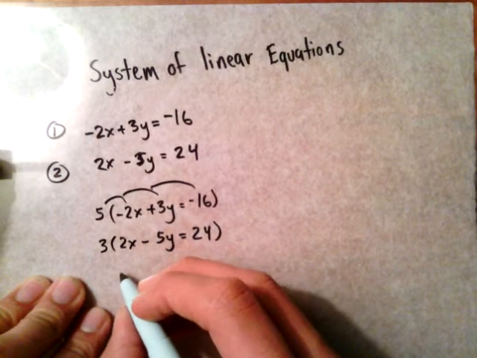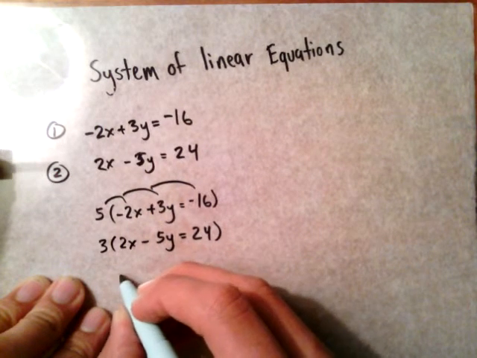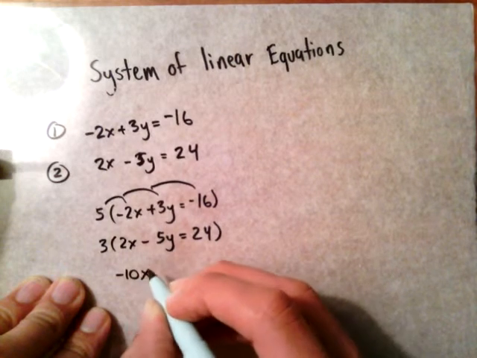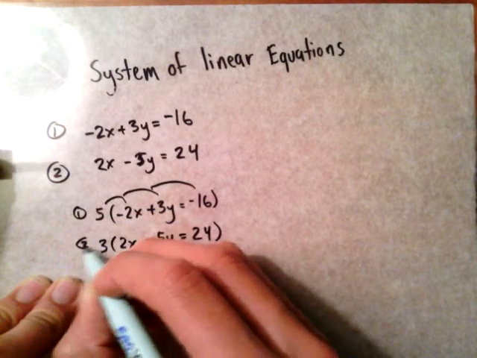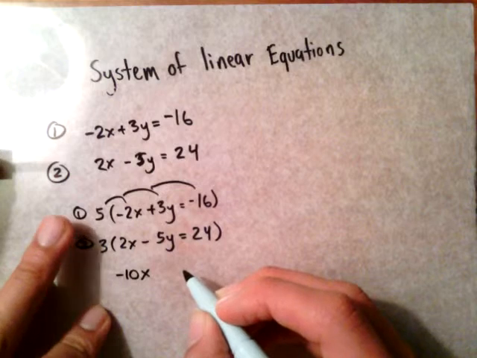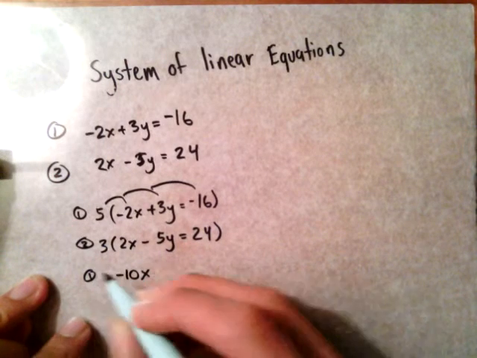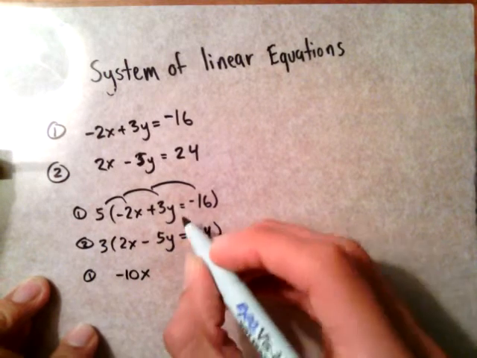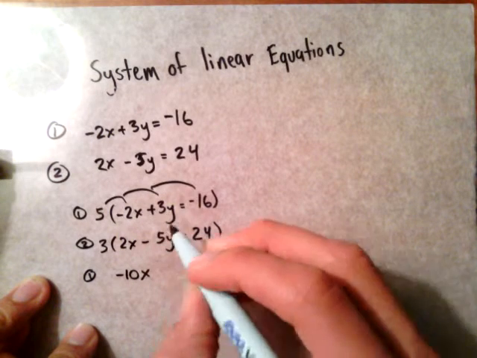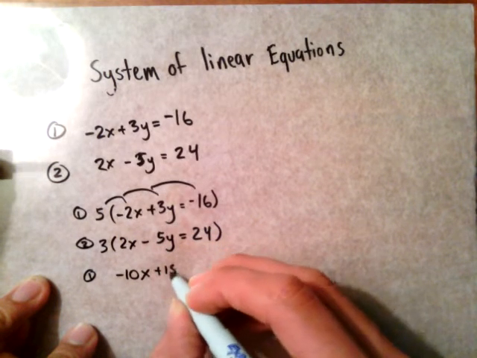So we have 5 times negative 2x, that gives us negative 10x. And below I'm going to write down so we can follow along. This is equation 1, this is equation 2, and right here we have the result for equation 1. Then we have 5 times 3y, that gives us positive 15y.